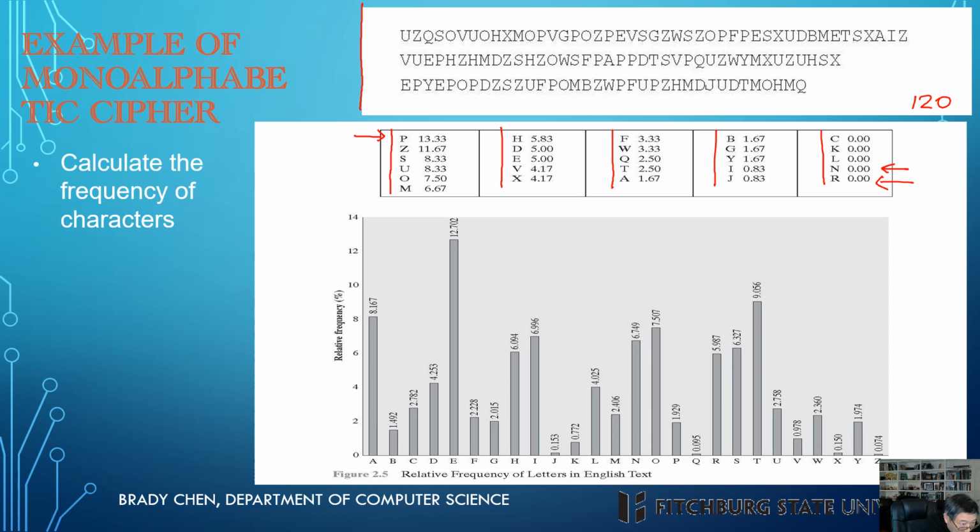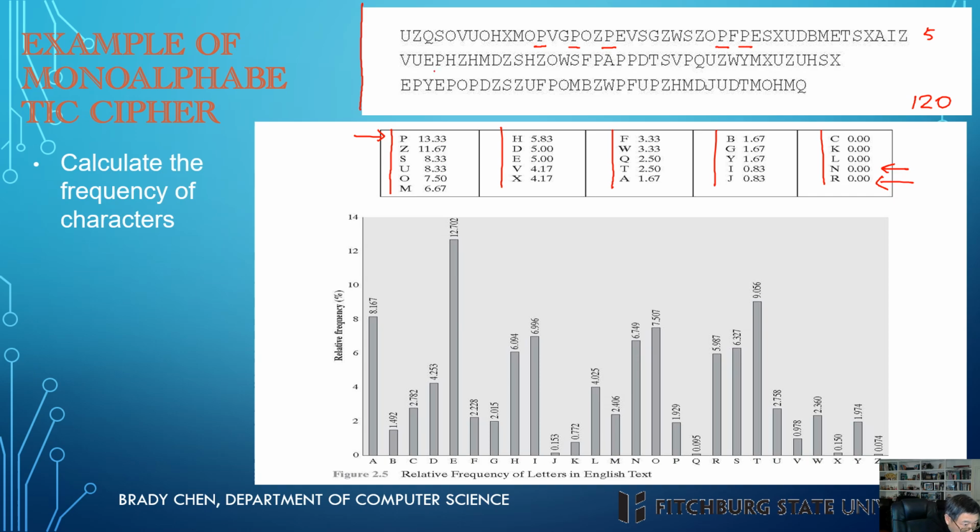The first thing we need to do is count the number of P's in the ciphertext. Let's see. We have a P here, 1, 2, 3, 4, 5. So it looks like we have 5 P's in the first line.